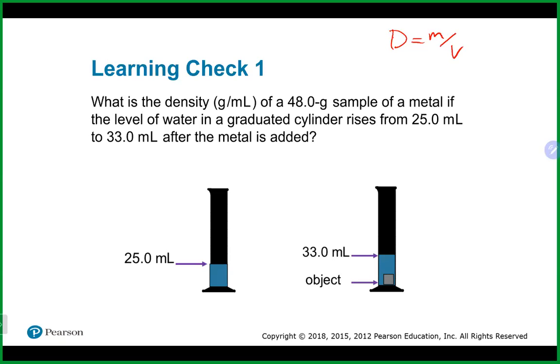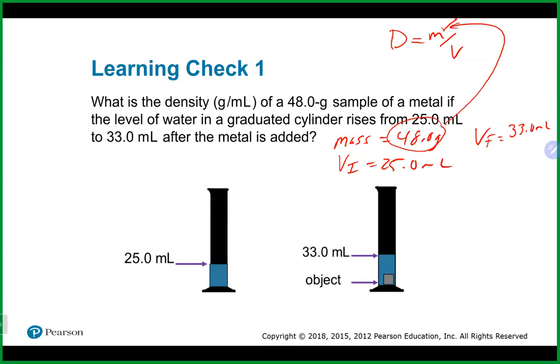In this particular case, sometimes it's really helpful just to pull out the information. So 48 grams is a mass. We have an initial volume that is 25 milliliters and a final volume after we put it in there of 33 milliliters. So if we think about our density, we already have the mass given to us. It's good to go. We don't have to do anything with it.